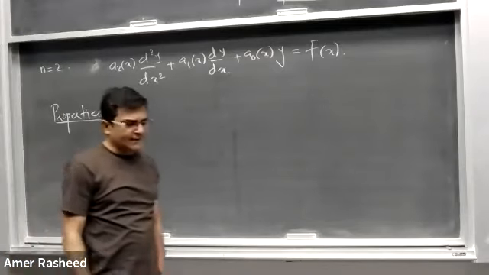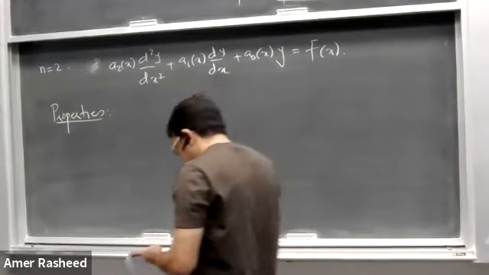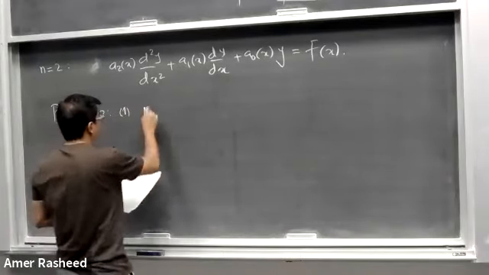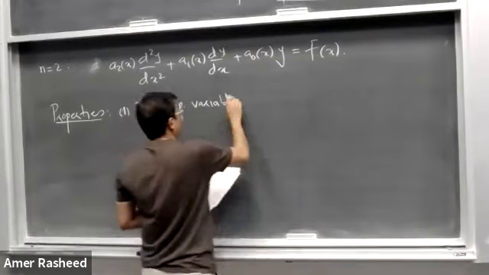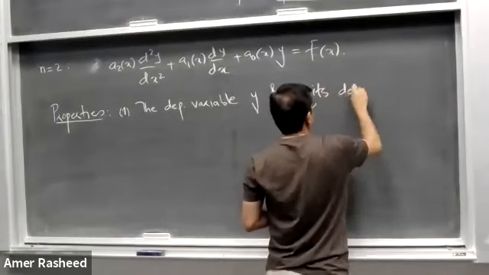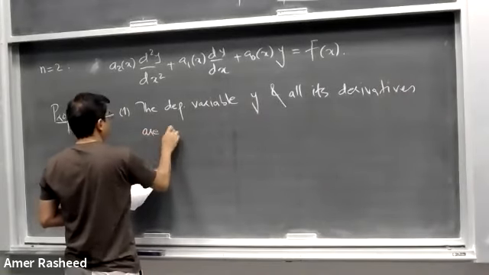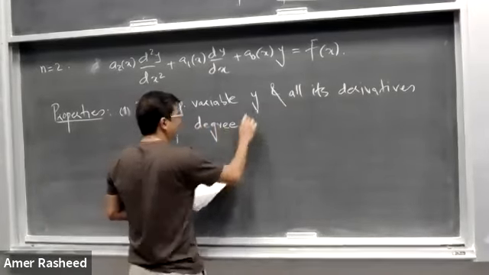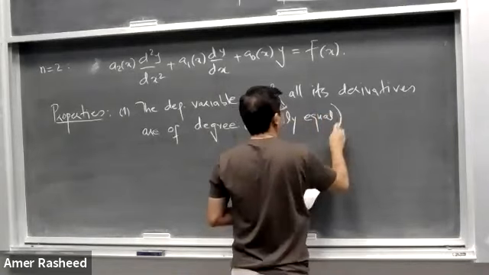There are two major properties. The first property or characteristic is that the dependent variable y and all its derivatives are of degree exactly equal to 1.